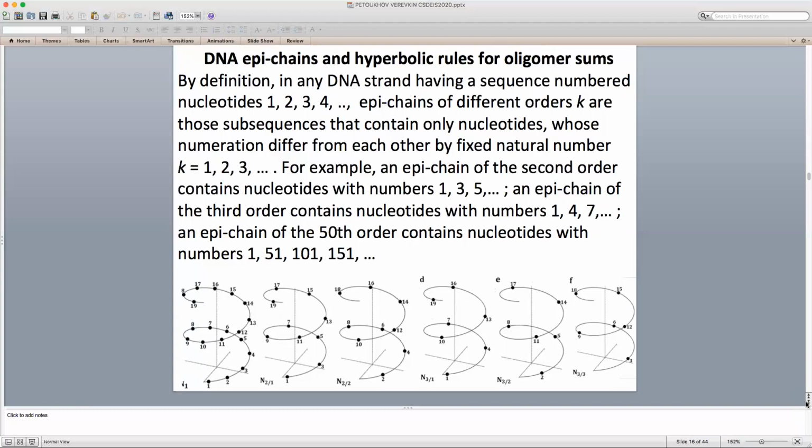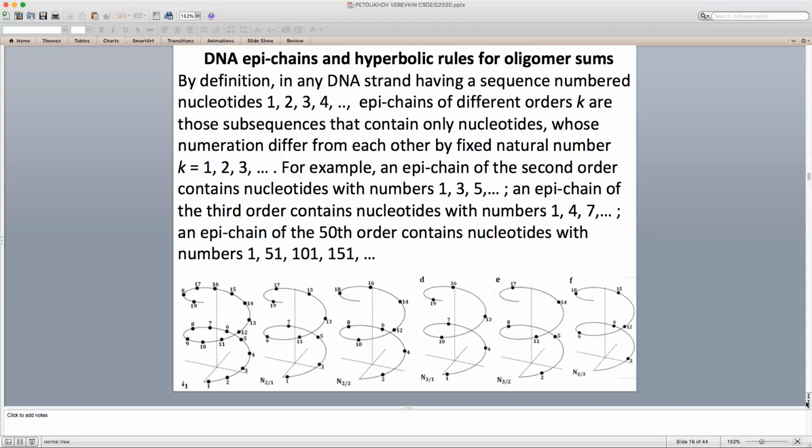For example, an epi-chain of the second order contains nucleotides with numbers 1, 3, 5, 7, etc. An epi-chain of the third order contains nucleotides with numbers 1, 4, 7, etc.